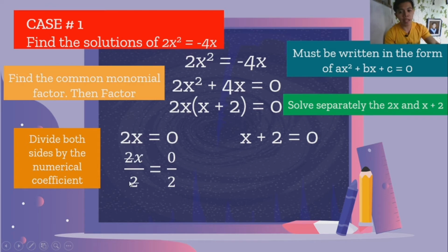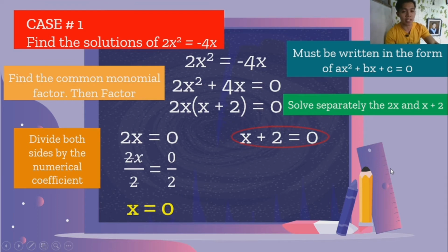So, cancel. Ano na lang matitira doon? That is x. And then, 0 divided by 2 is always equal to 0. Kahit ano pa yung i-divide mo dyan, kahit 1 million pa yan, basta yung numerator ay 0, ang sagot pa rin dyan ay 0. So, x is equal to 0 para dito sa may left side natin.